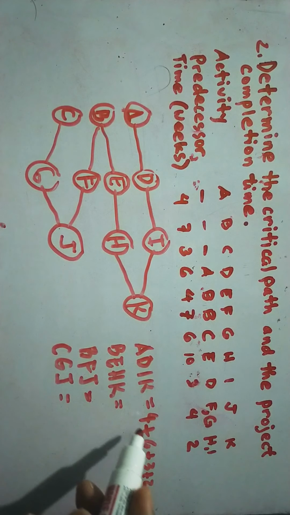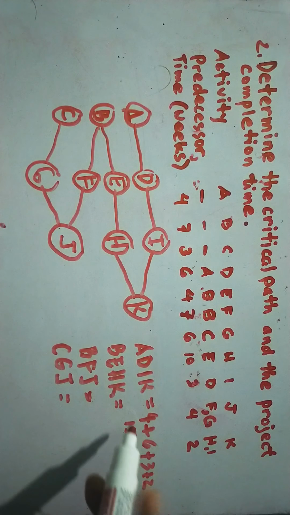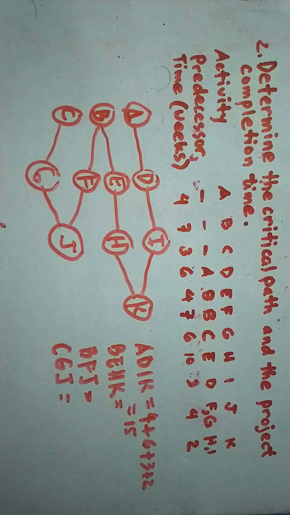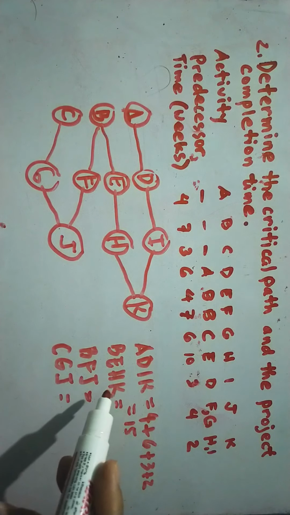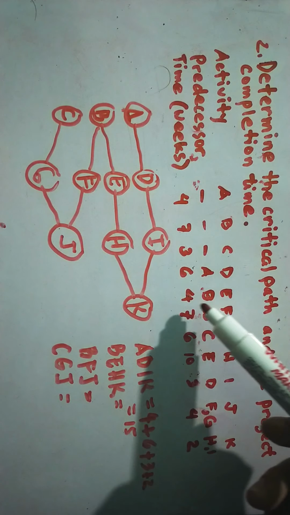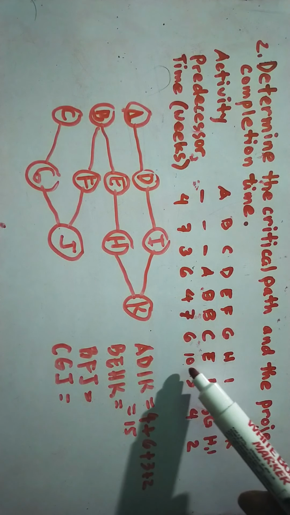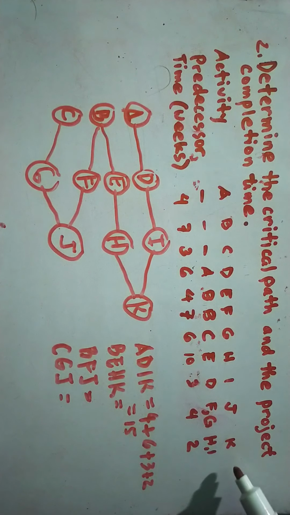So the total now is 15. 15 is the total. Now we will proceed to BEHK. So for B, we have here 7, and then plus 4 for E, that is 11, plus H, 10, that is 21, and then K, 2 equals 23.